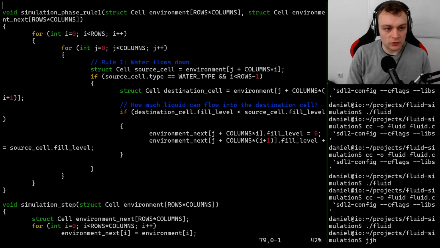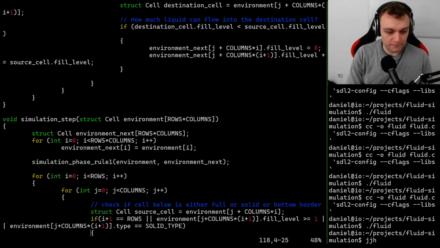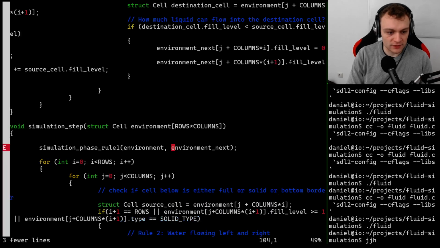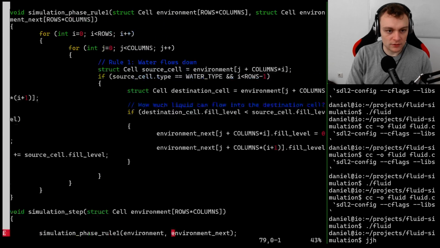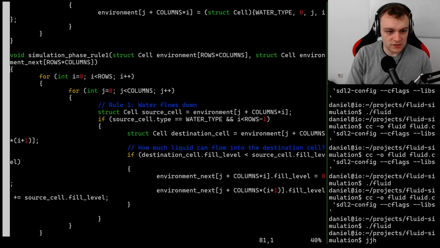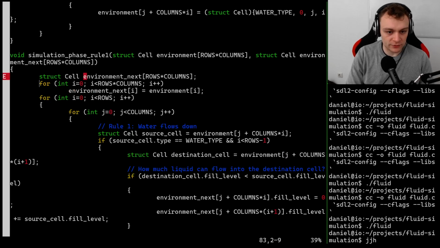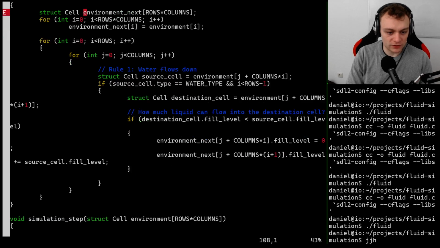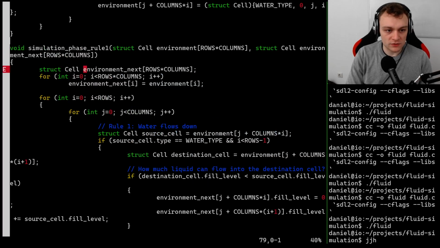Maybe we can already encapsulate this next environment behavior in there. No, let's paste the next environment into here so that the copying of the next environment is encapsulated within that method, and we don't need to pass it from outside.